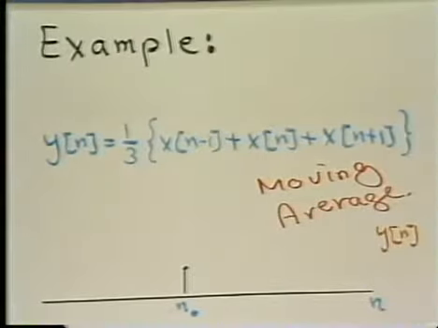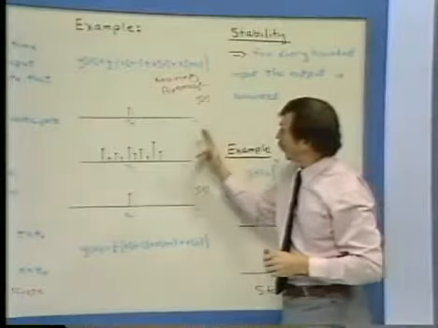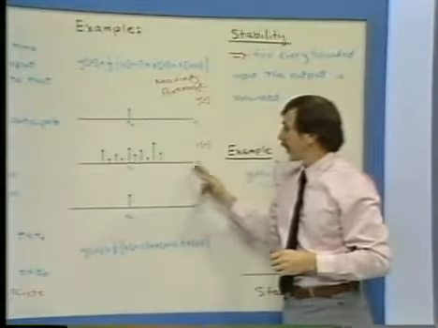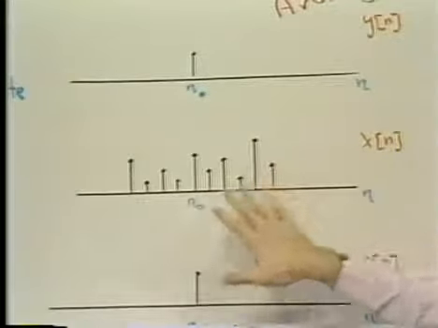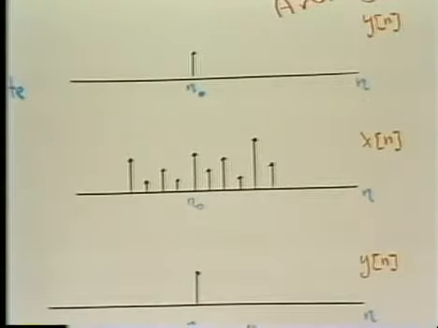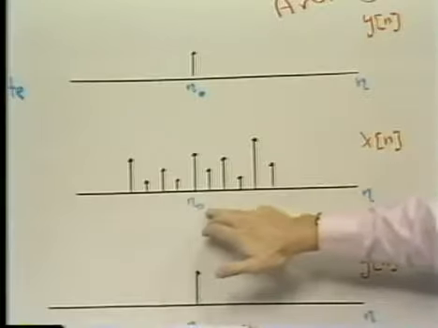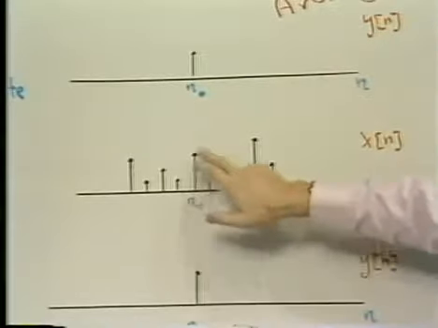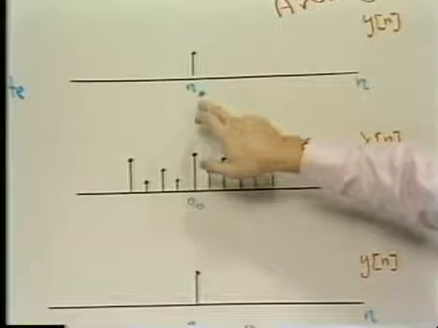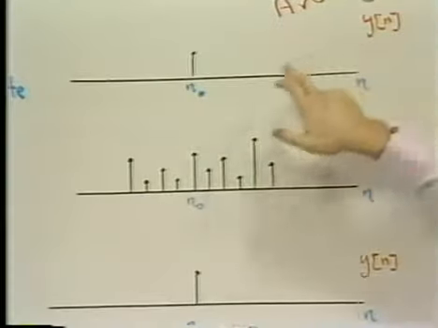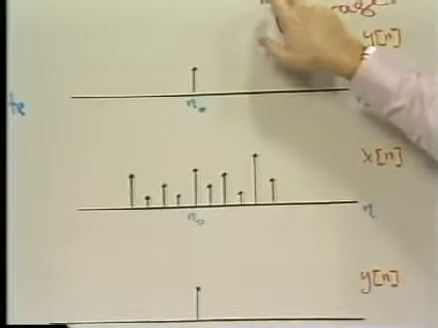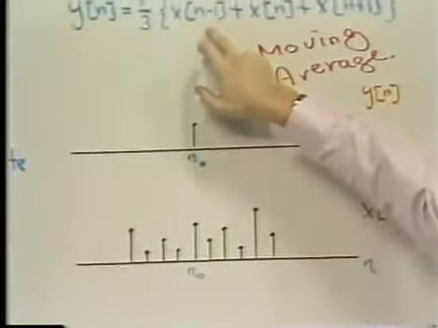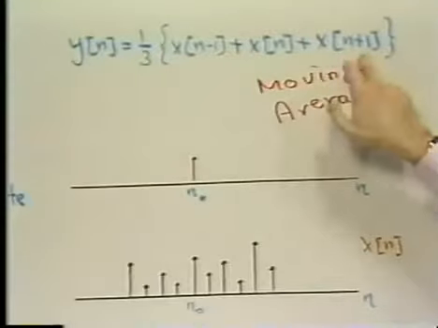And so if we think of a moving average, if we have here a sequence x of n, with other values going off in both directions, then for any value n0 at which we're computing the output y of n, we take x of n0, x of n0 minus 1, and x of n0 plus 1.